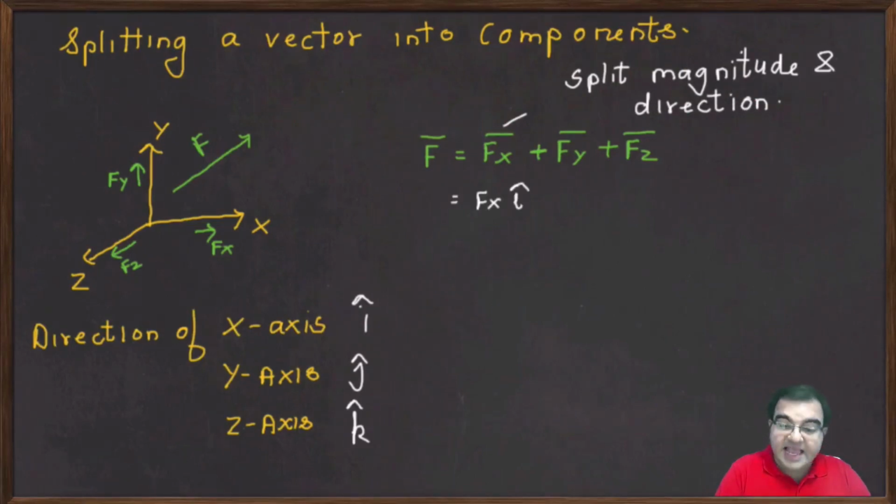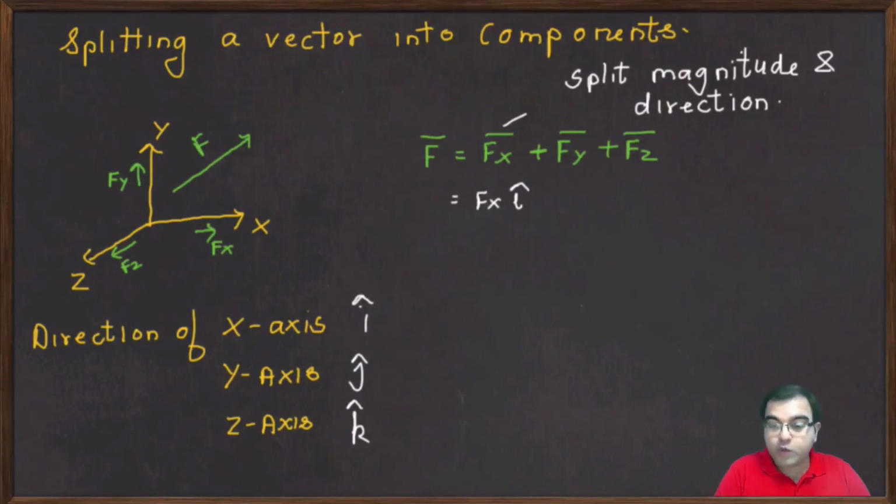So this is splitting the magnitude and direction of the vector. I write Fx bar as Fx i cap. Now what is this Fx? This Fx is the magnitude of the force along the x direction. How do I know it's the x direction? Because I've written an i cap here, which is used for the direction of the x-axis.